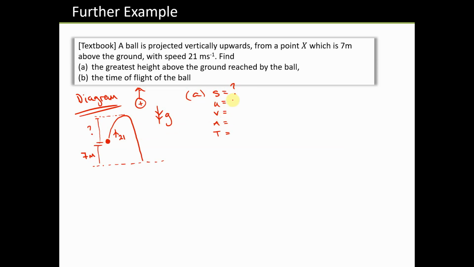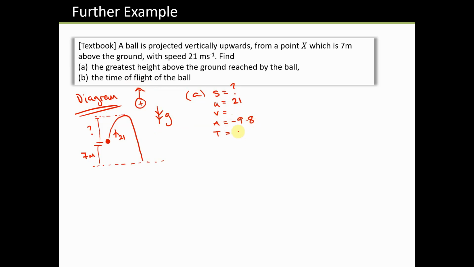The initial velocity is positive 21 because we said upwards is positive, it's being projected upwards. The gravity this time is not going to be 9.8, it's going to be negative 9.8, and that is because gravity acts downwards. We've said upwards is positive. So that's how this notation affects that value.